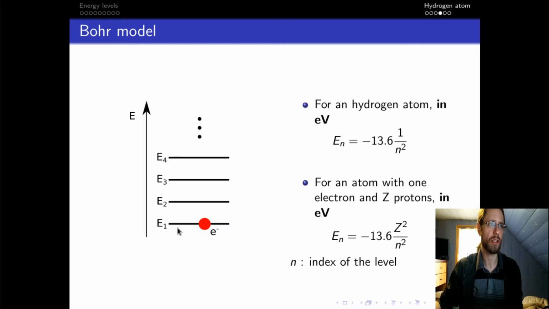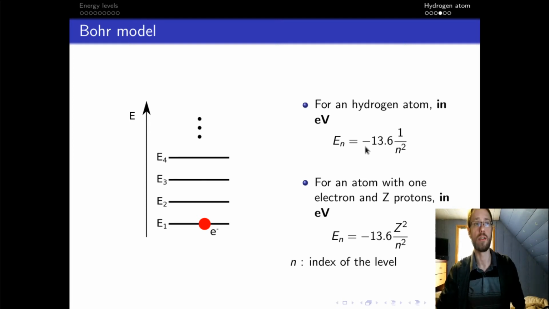So the same representation we had before, the hydrogen, even though it has a single electron, has a whole lot of possible energies. And these energies take the form, in electron volt, like this: minus 13.6 electron volt times 1 over n squared, n being the index of the level, so 1 for the ground level, 2, 3, 4, and so on for the excited ones.